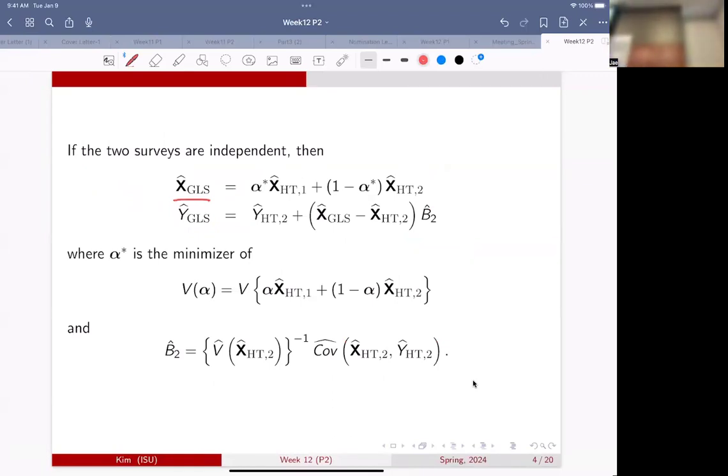The GLS estimator of the total of X is a convex combination of the two independent Hurwitz Thompson estimators, and the GLS estimator for Y is actually a regression estimator using the GLS estimator of X as a population control.